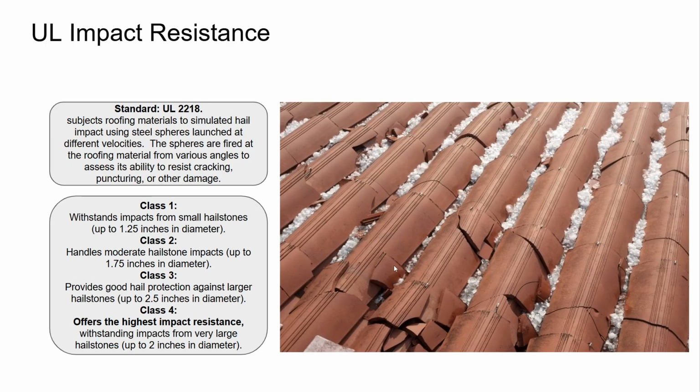And impact resistance. This is showing hail, which has broken some sort of ceramic tile roof. Okay, and so they get hail impact, and they simulate it using steel spheres launched at different velocities. And somebody has figured out that a steel ball like this going this fast is sort of like hail of a certain size, coming at a certain angle.